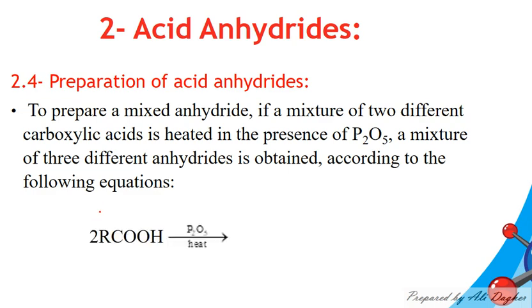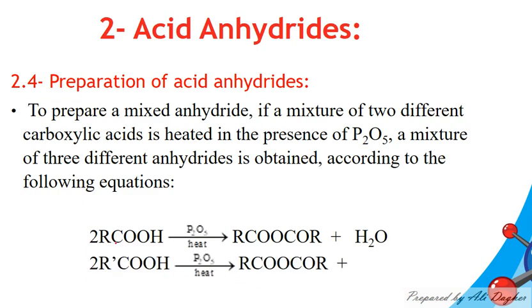First possibility, 2 molecules of the same first acid condense together to form the first acid anhydride. Second possibility, 2 molecules of the same second acid condense together to give another acid anhydride, R prime CO O CO R prime, two different anhydrides.